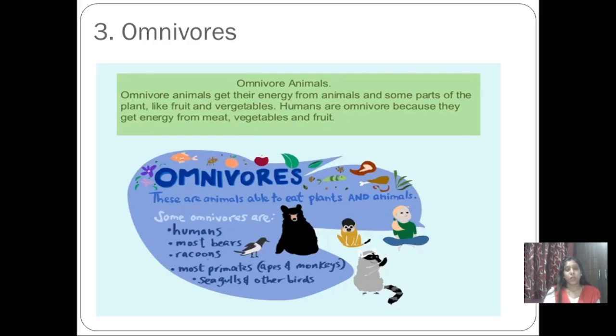Some examples are humans, most of the bears, raccoons. Most of the primates like apes and monkeys are also omnivores because they depend on animal food and plant food. Seagulls and other birds are also omnivores. They eat animals and they eat plants.